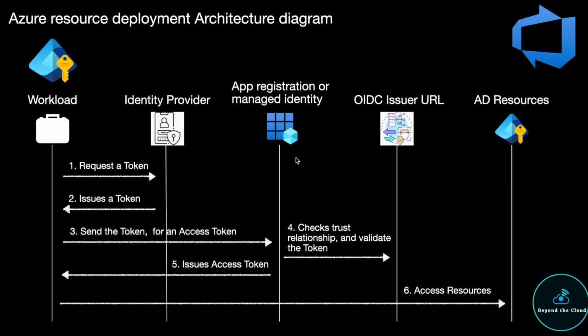Then the application registration will check the trust relationship and validate the token with OIDC, and then OIDC will in turn issue an access token to our workload, and the workload will then take the token and deploy our resources in the Azure portal. So this is as simple as that.